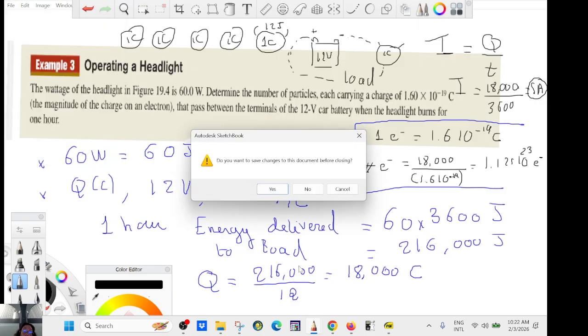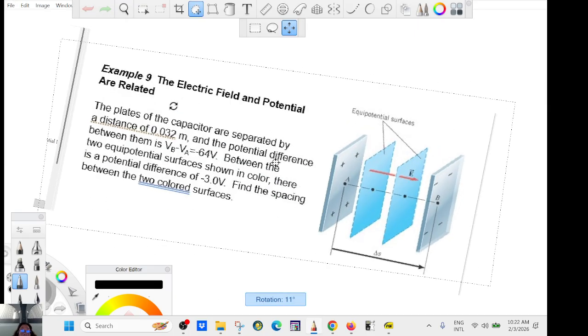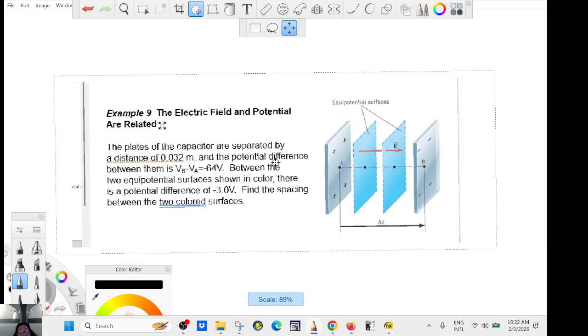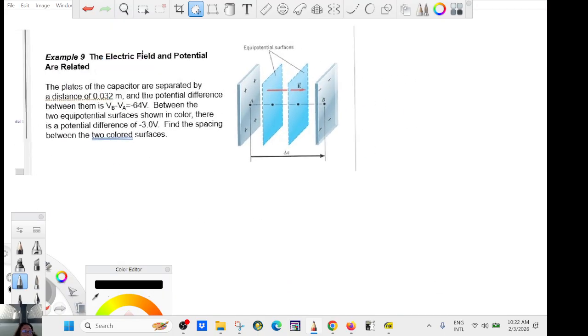Do it. You can think of that as delta V equals E delta S.